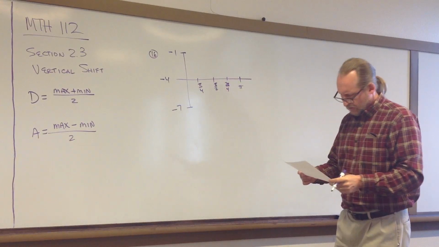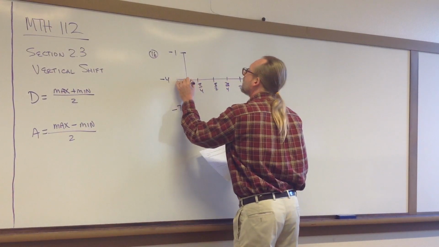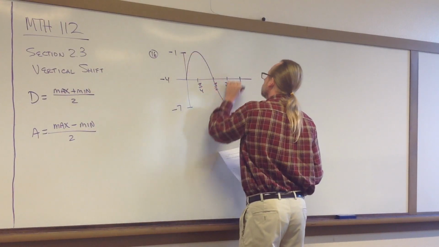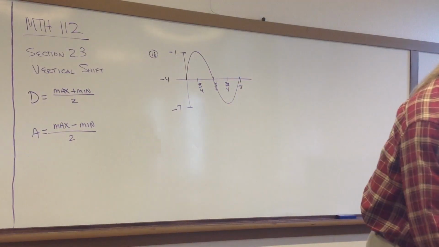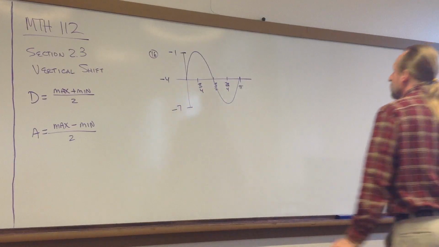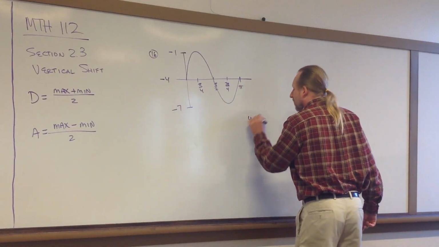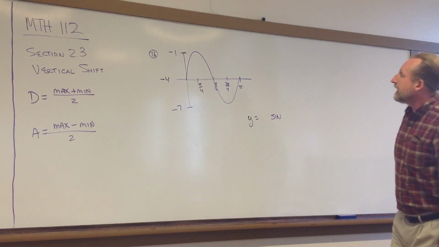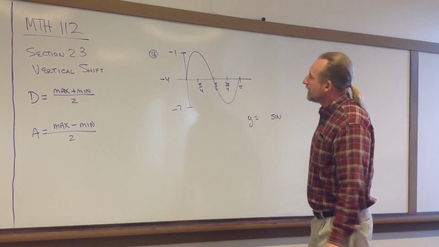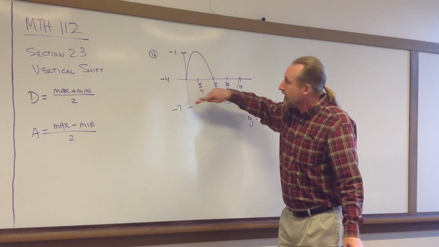Okay, well that's good. And our graph looks something like this, a standard sine function. All right, so we've at least identified that. We've got a sine function. It's a positive sine function, and the amplitude here is 3.